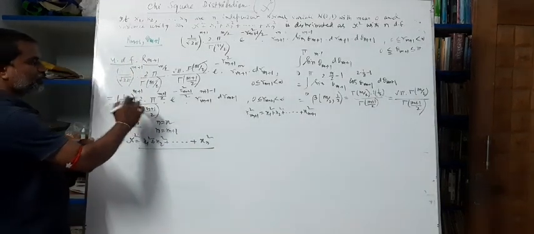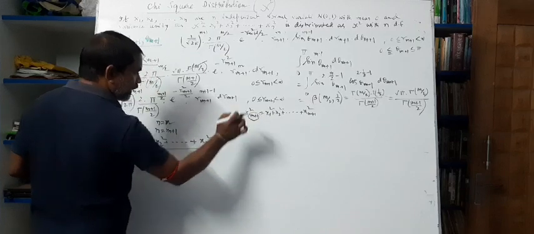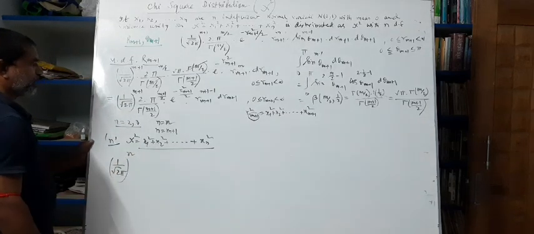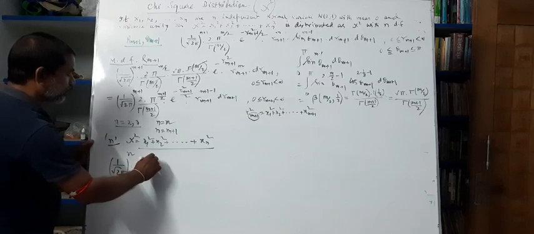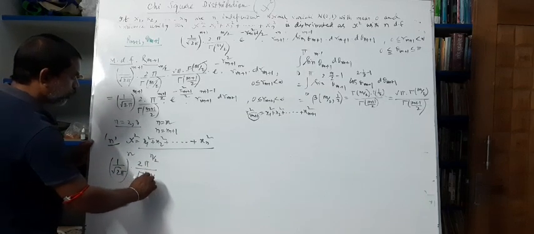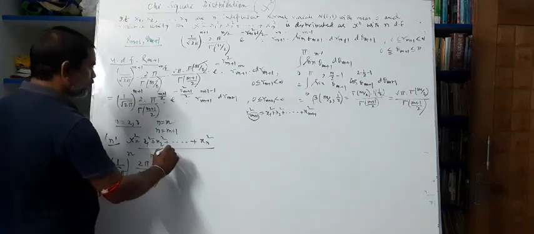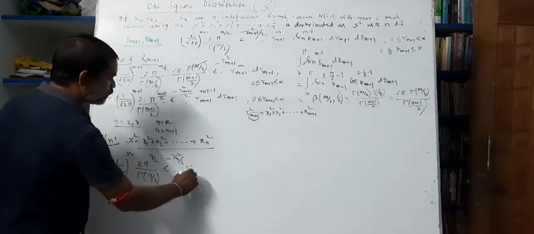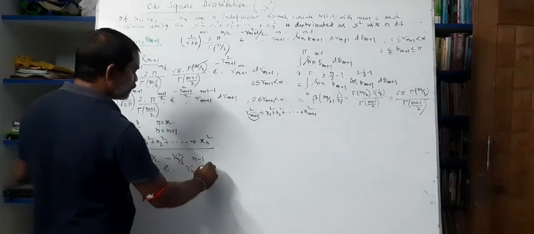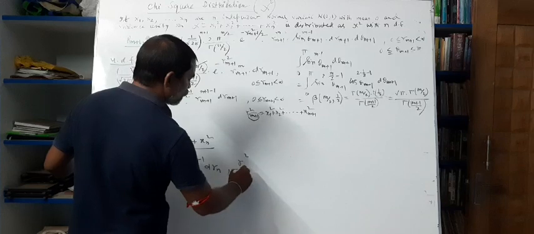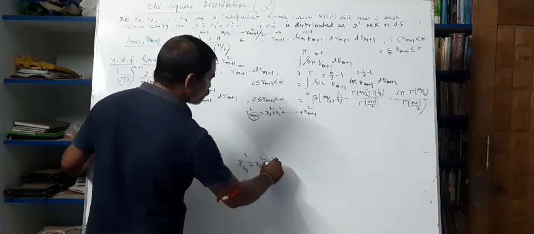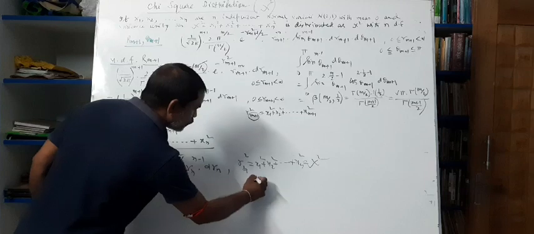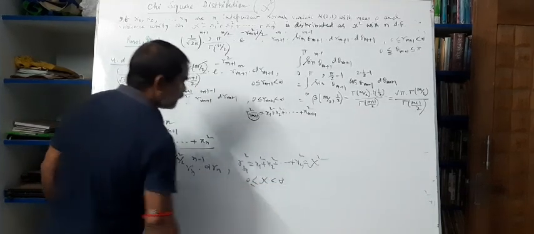So if we write this m plus 1 for n, then the distribution function is 1 by root over 2 pi whole to the power n, 2 into pi to the power n by 2 divided by gamma of n by 2 e to the power minus Rn square divided by 2 into Rn to the power n minus 1 into d of Rn, where Rn square equal to x1 square plus x2 square plus dot dot dot xn square, and that will be chi square, and here 0 less than chi less than infinity.